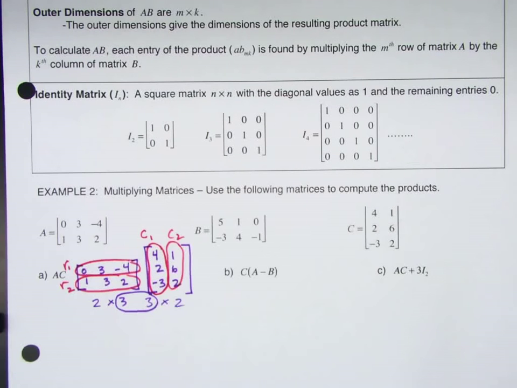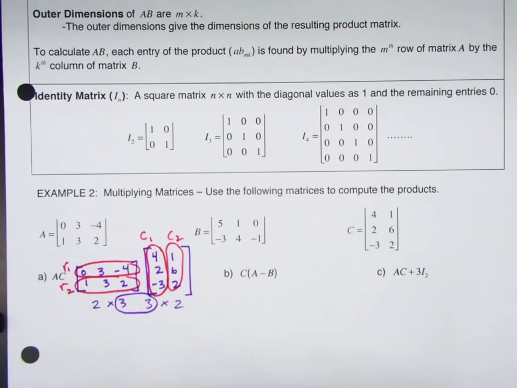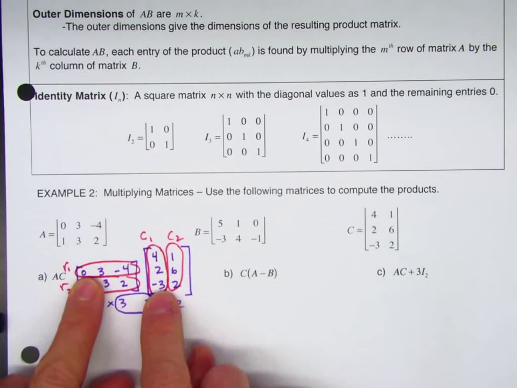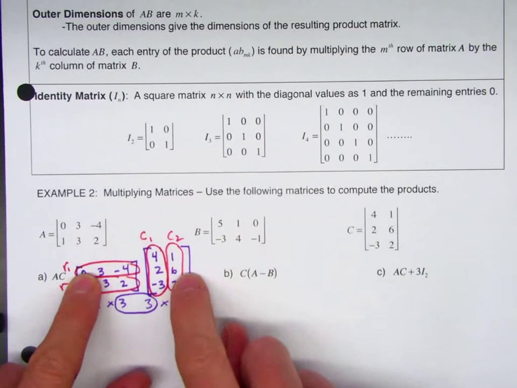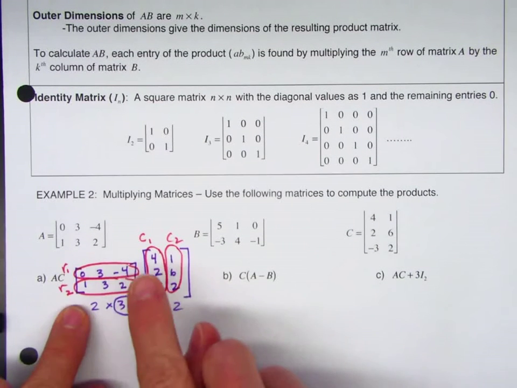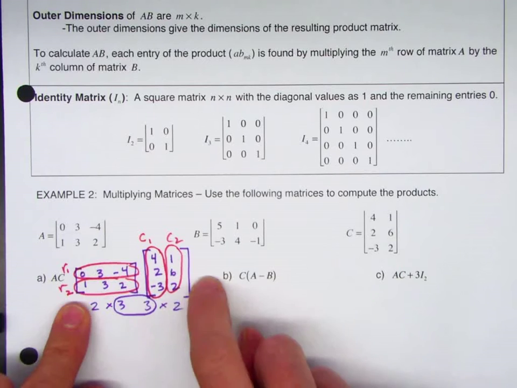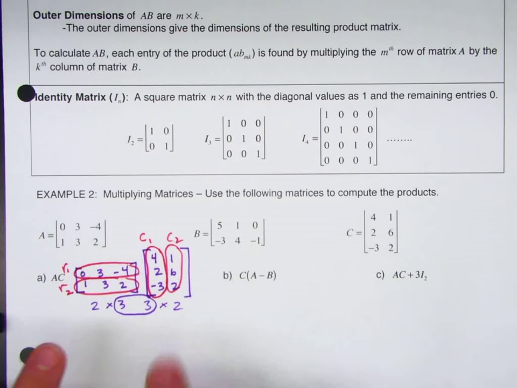To get the row 1, column 1 element, I'm going to multiply row 1 times column 1. To get the row 1, column 2 element, I'm going to multiply row 1 times column 2. And then likewise, row 2 times column 1 and row 2 times column 2. And that's going to tell me the position in my new 2 by 2 matrix of where that goes.